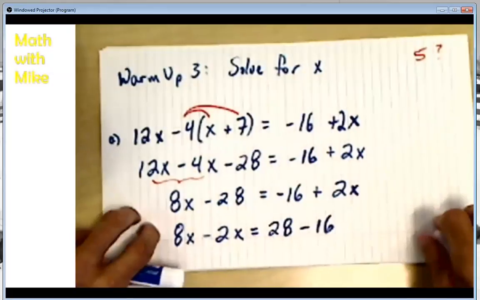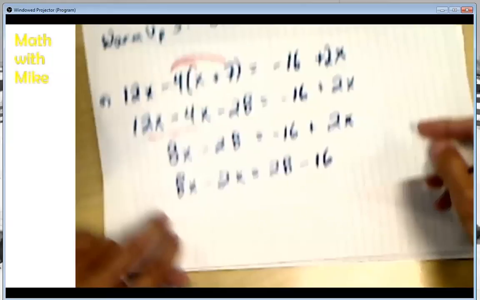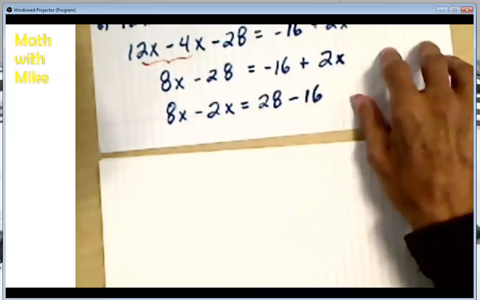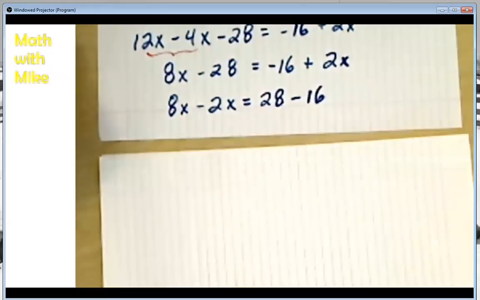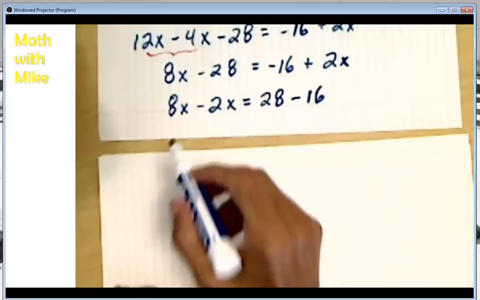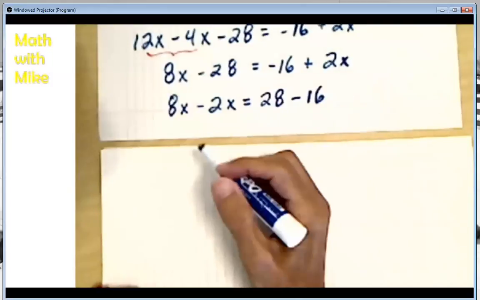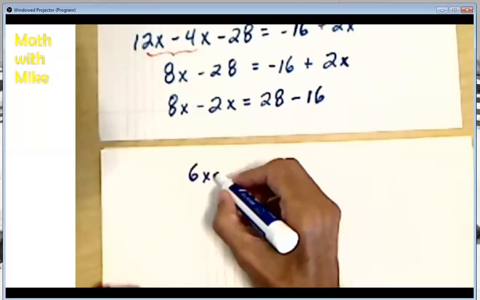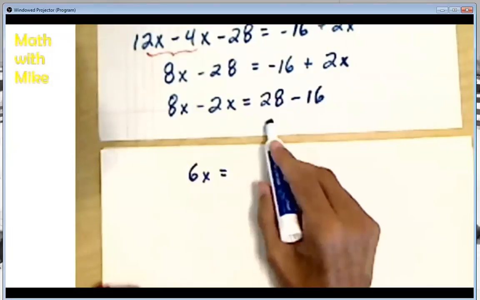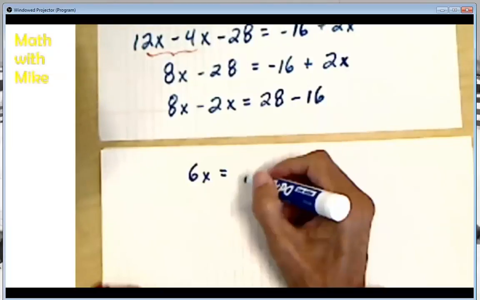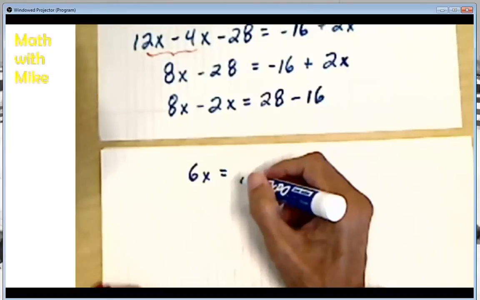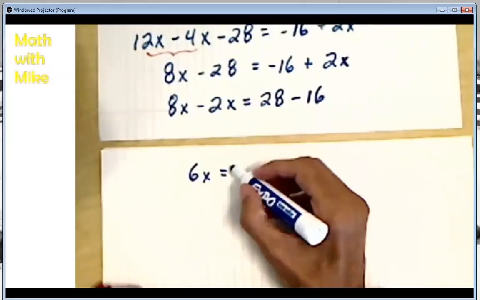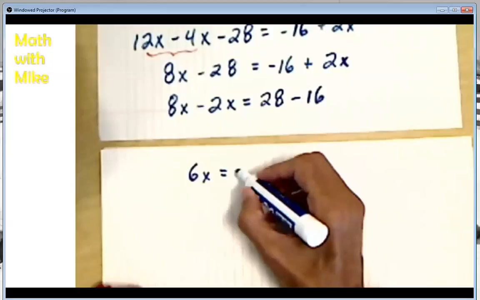All right, getting closer to the end there then. Yeah, combine the x's for sure. 8 minus 2, what do we got? And on the right-hand side, we got 28 minus 16. That's 28, take away 16. 12 it is.